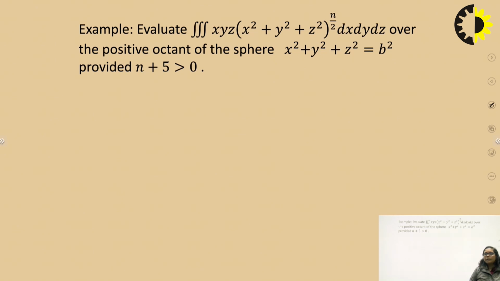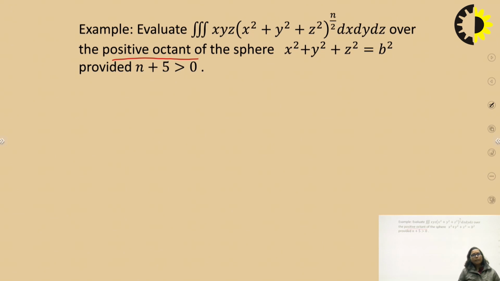What is the question? The question says evaluate the triple integration x y z into x square plus y square plus z square to the power n by 2 dx dy dz over the positive octant. Here also you are provided the positive octant of the sphere x square plus y square plus z square equal to b square, provided n plus 5 is greater than 0.